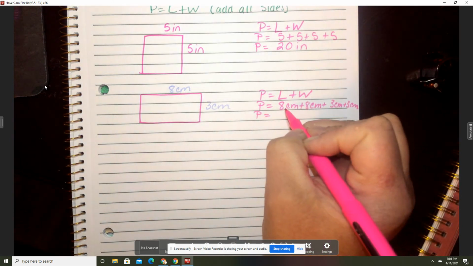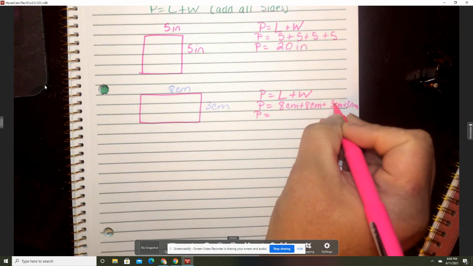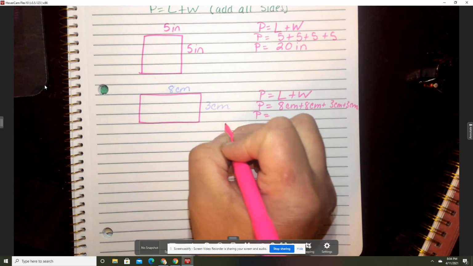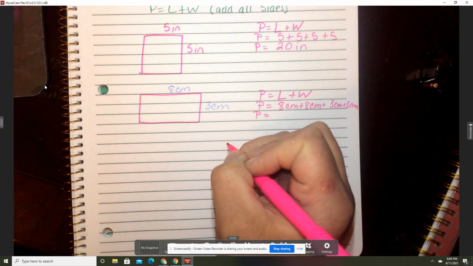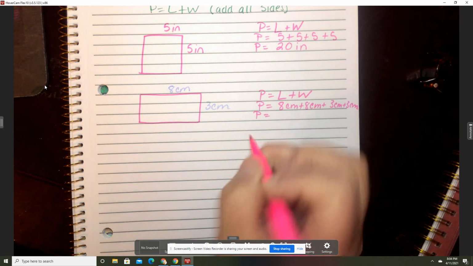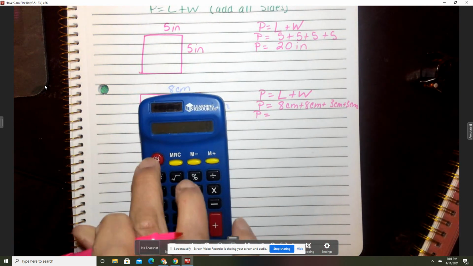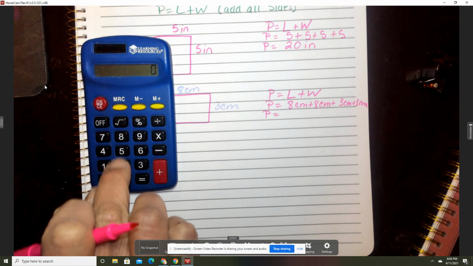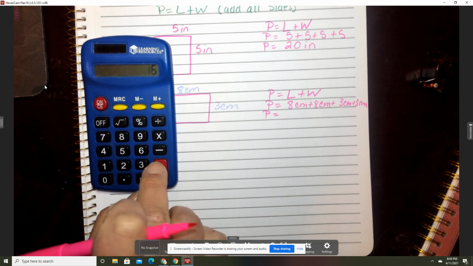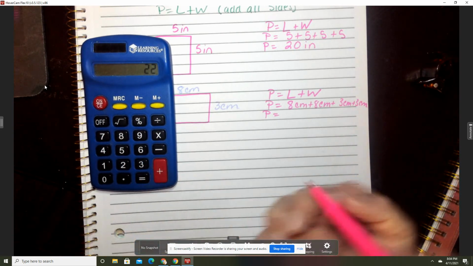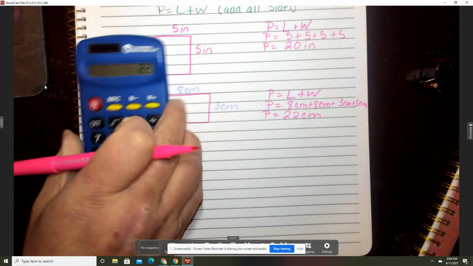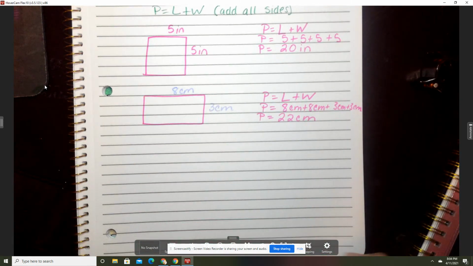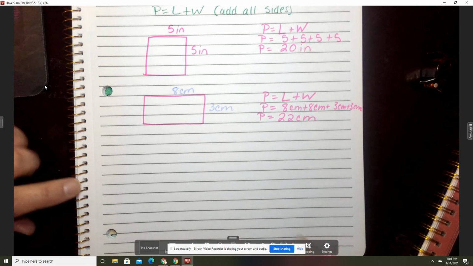I'm going to add up 8 plus 8 plus 3 plus 3. Guys, you get to use a calculator with these. That is 22 centimeters. So perimeter just means you add up all the sides. Let's do one more.